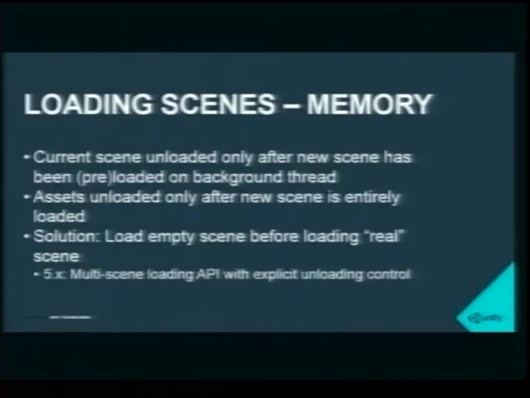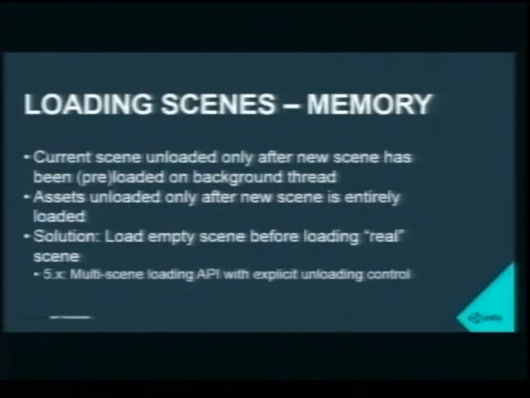But that's still only the game objects. The assets will stick around until one frame later. We do a garbage collection on the assets only one frame after the new scene has been completely loaded. So for a short amount of time, you may have all the script memory for all the old game objects, as well as the memory for all the assets, present at the same time. This may lead to a pretty significant spike in memory use.